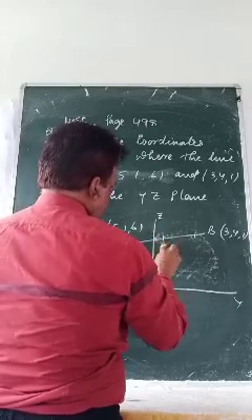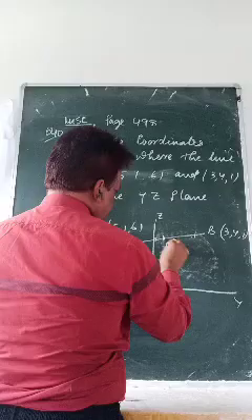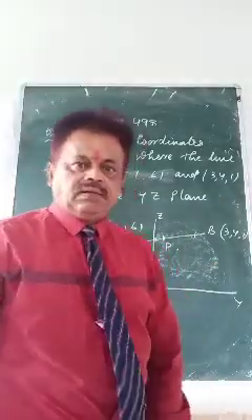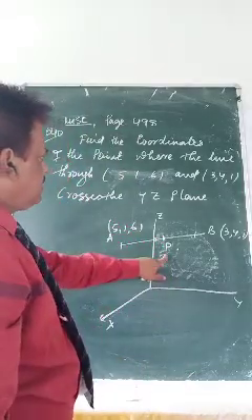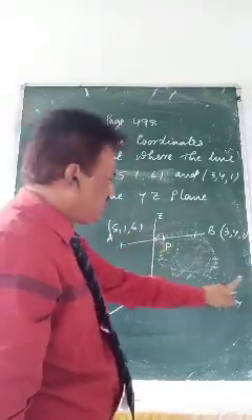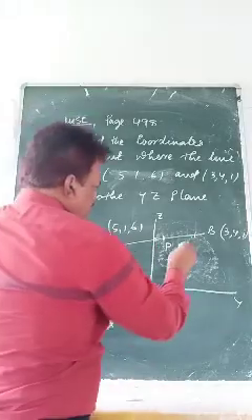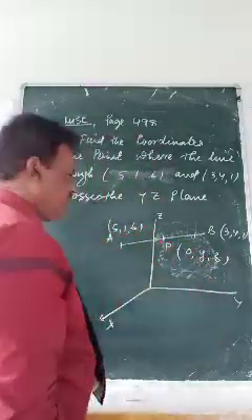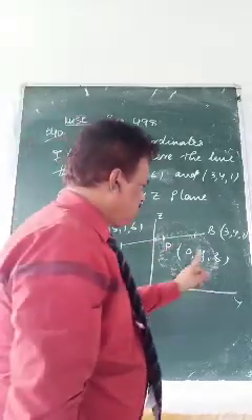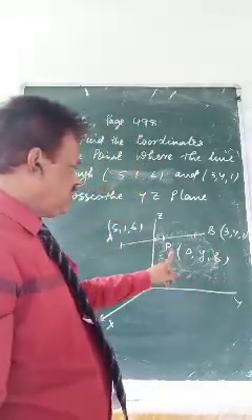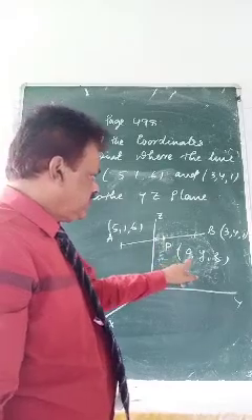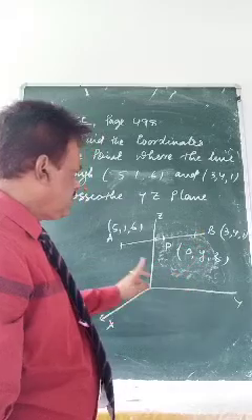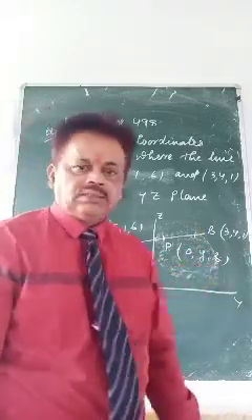Any point in the YZ plane, suppose P. What is the coordinate in the YZ plane? X is 0, that is (0, y, z). Crossing the YZ plane means any point in the YZ plane, that is (0, y, z). So find the equation of the line AB that crosses the point (0, y, z).